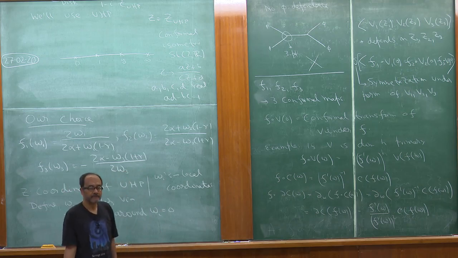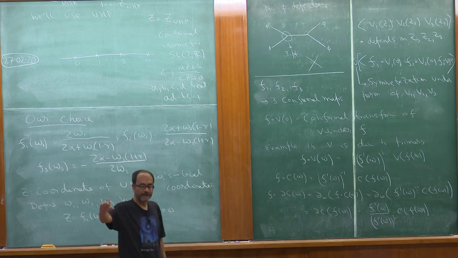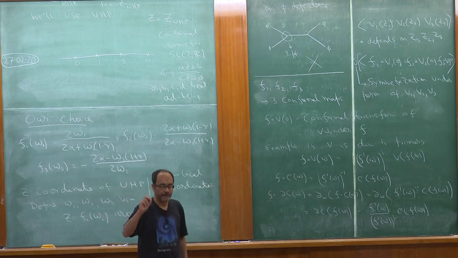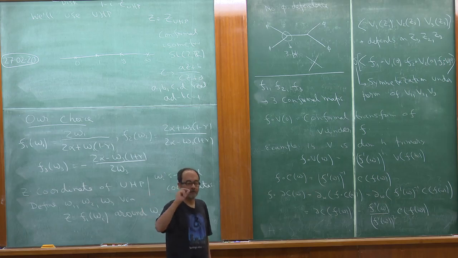Yes, we are always at the boundary of the upper half plane, because the vertex operators here are on the boundary. When you have closed strings, then of course the punctures are inside. There you are choosing local coordinates around those punctures. So the Wi's are always local coordinates around the punctures.